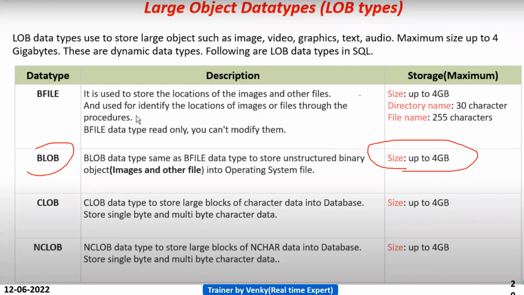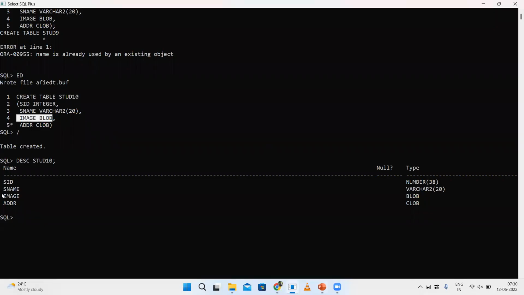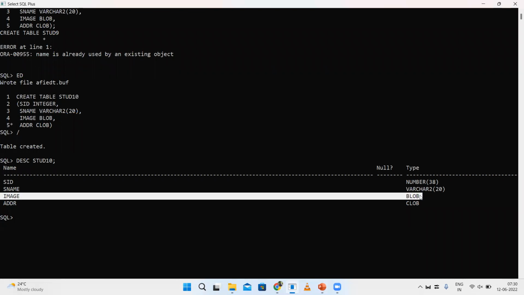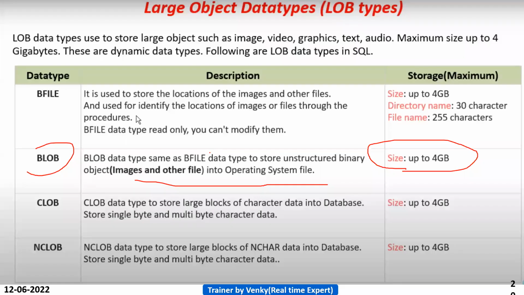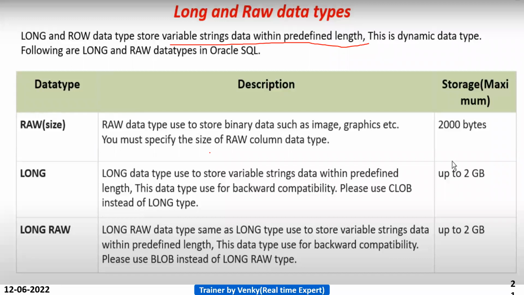But I don't need to provide this much space for that column. So we declare here image BLOB. By default, it will take 4 GB, right? My requirement is that it's below 2000.